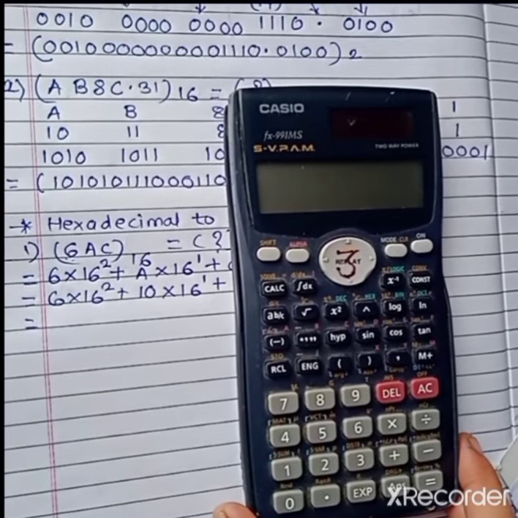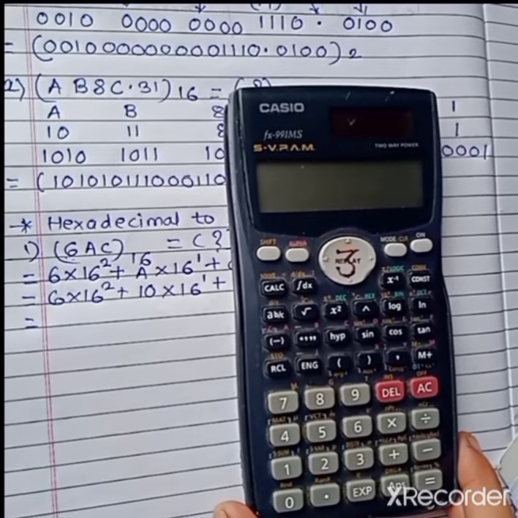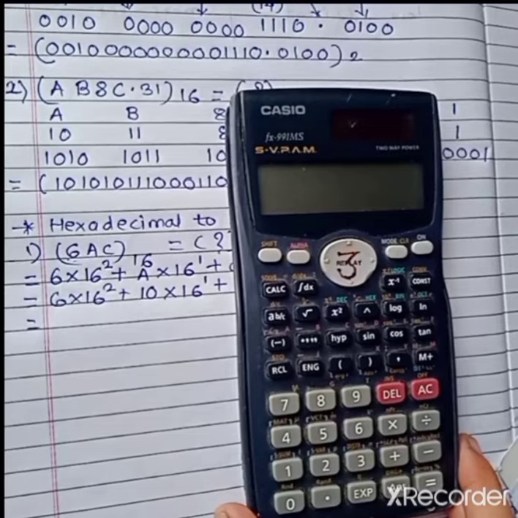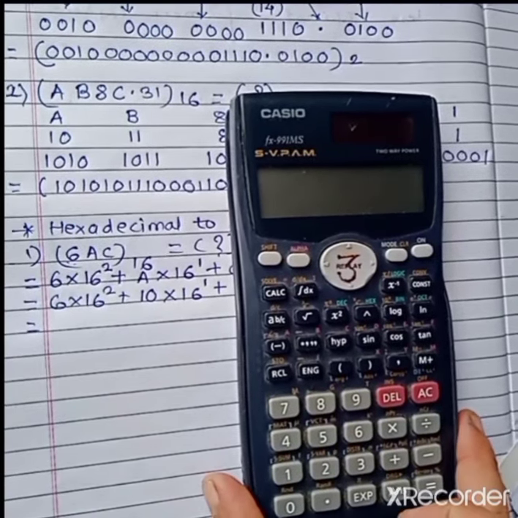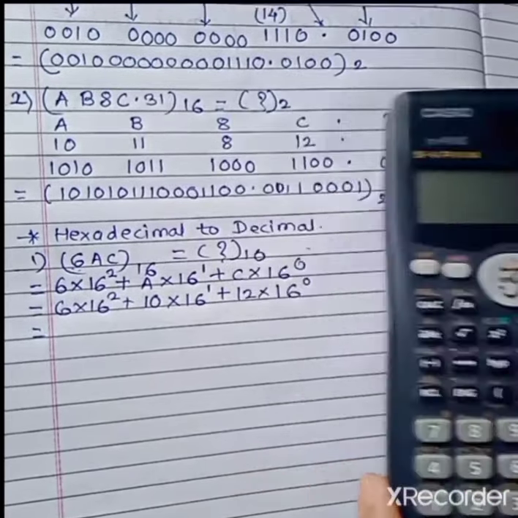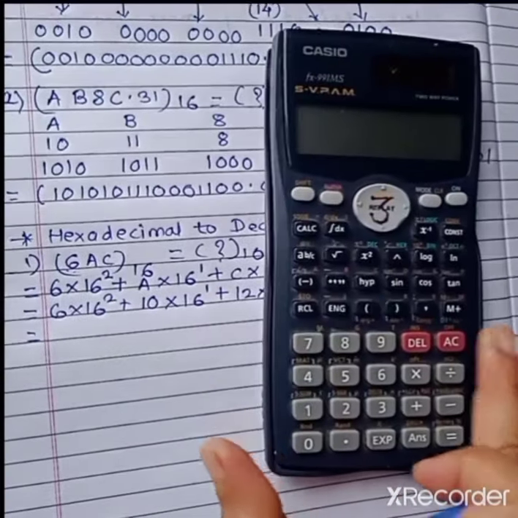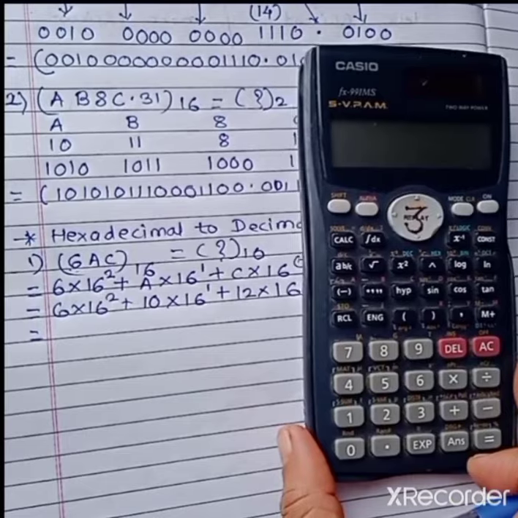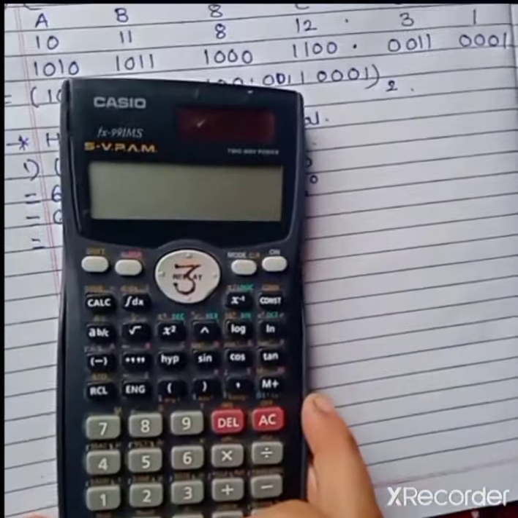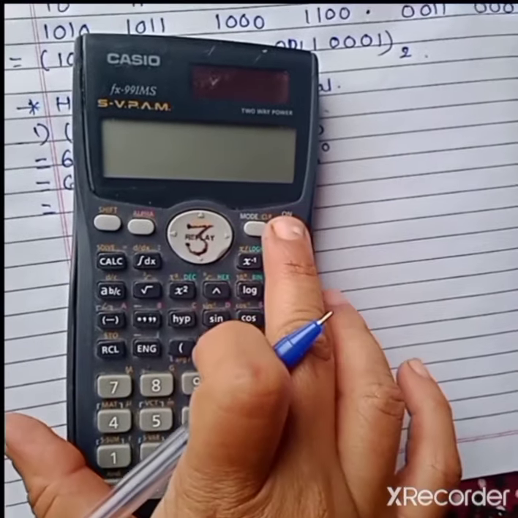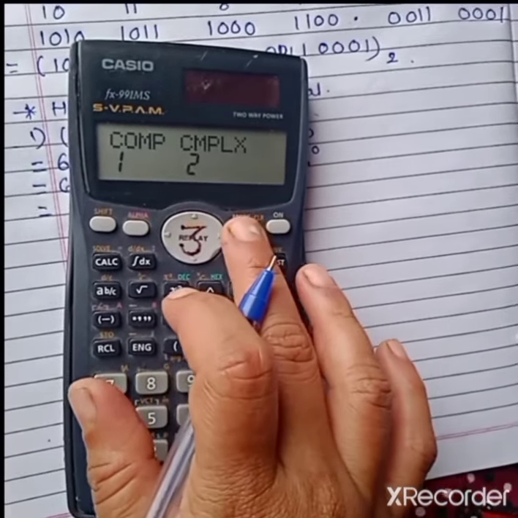This is an old calci, but ask for an engineering calci or scientific calci. You will get it easily in any stationery shop. So with the help of this calci you will be able to do the calculations, how to take raise to and all the things. Here the on button is there.